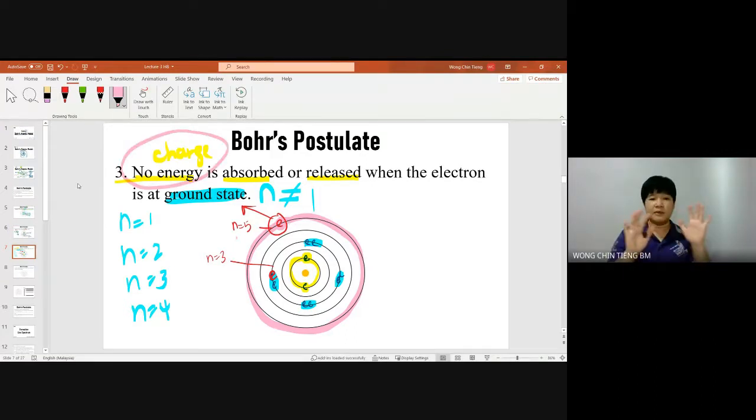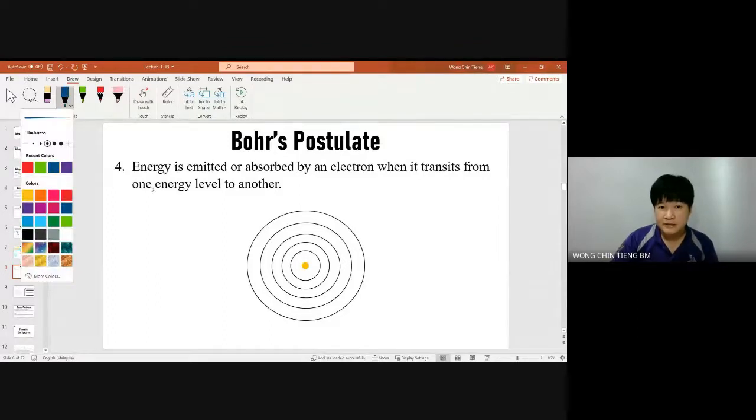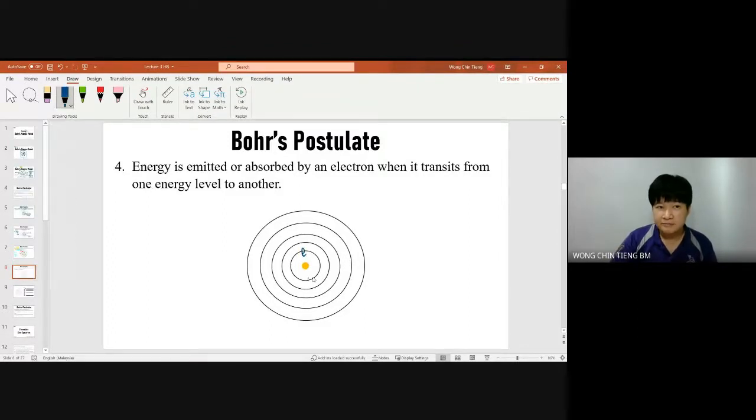The energy will remain the same sebab jarak sama. The distance from the electron and the nucleus remains the same. So energy will remain the same. Setiap petala ada tenaga dia sendiri.